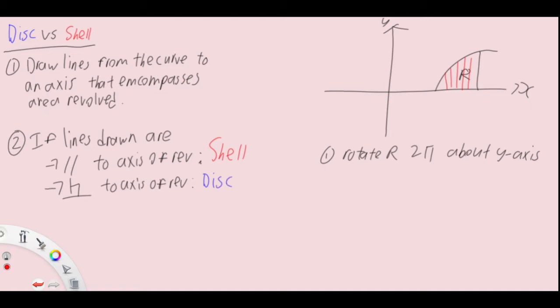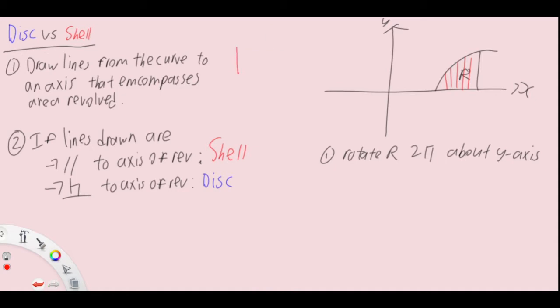Let's take a look at this example. Question 1: we rotate R 2 pi about the y-axis. You notice that the shell method is an open ring. It's still like a cylinder, just like a rectangular strip that is bent to form a ring. Let me try to draw a better one.